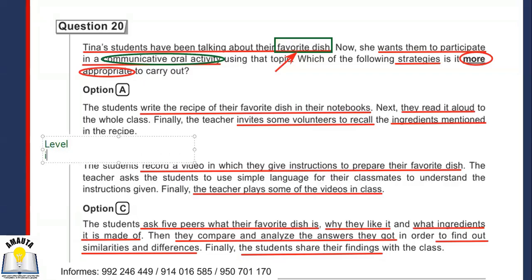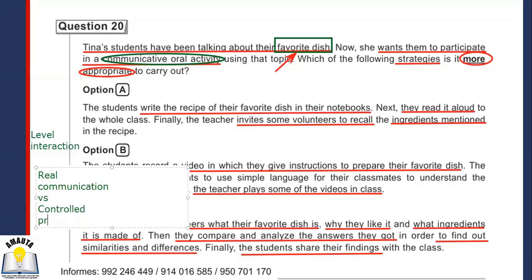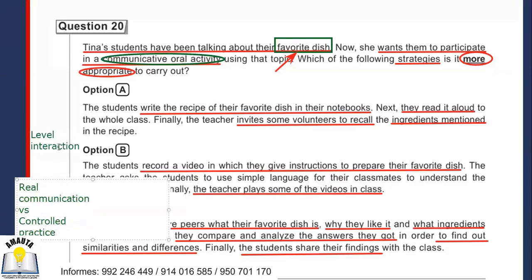Attention to the level of interaction. Attention to whether this is real communication, or this is a controlled practice in which students probably do not use language freely.